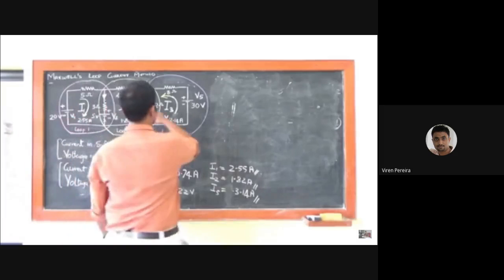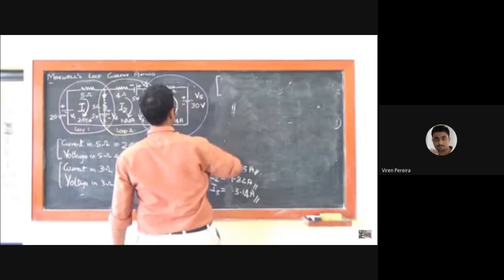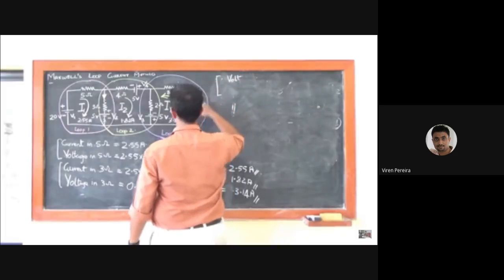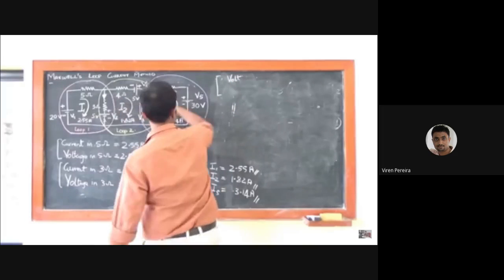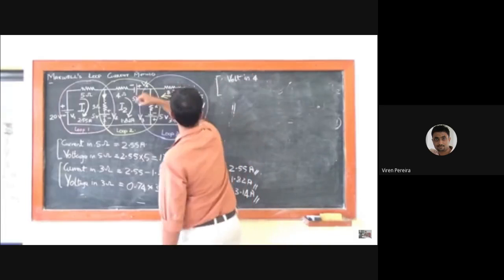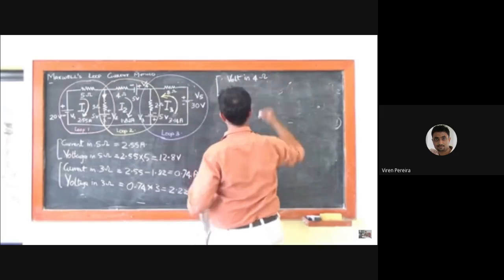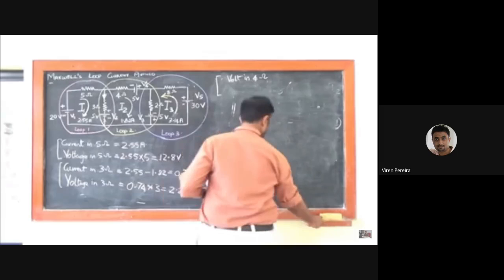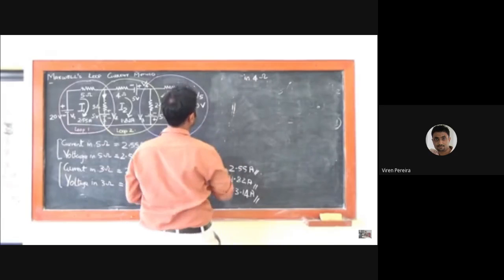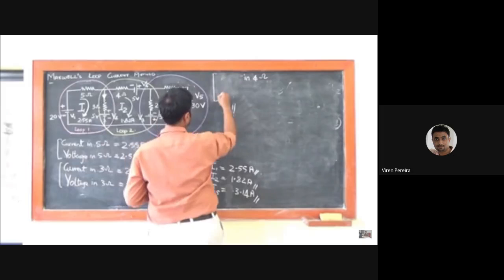So now we find out the voltage in the 4 ohms resistor. Start off with current.